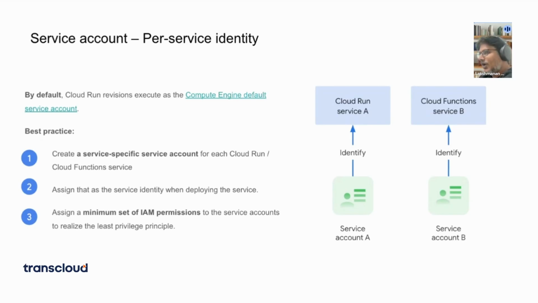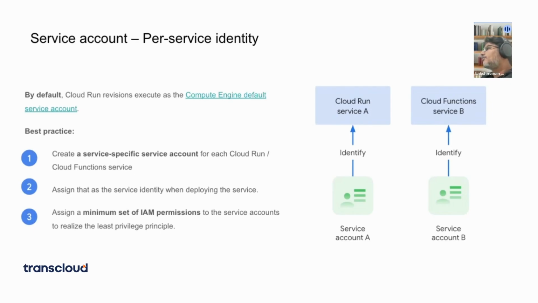So the first thing that you have to do is create a service-specific service account for each Cloud Run service. Even if you have 5 different applications, each deployed in a separate Cloud Run, all 5 should have 5 different identities, so it can identify user A, user B, user C, and so on. Then you assign each identity the permissions it needs.